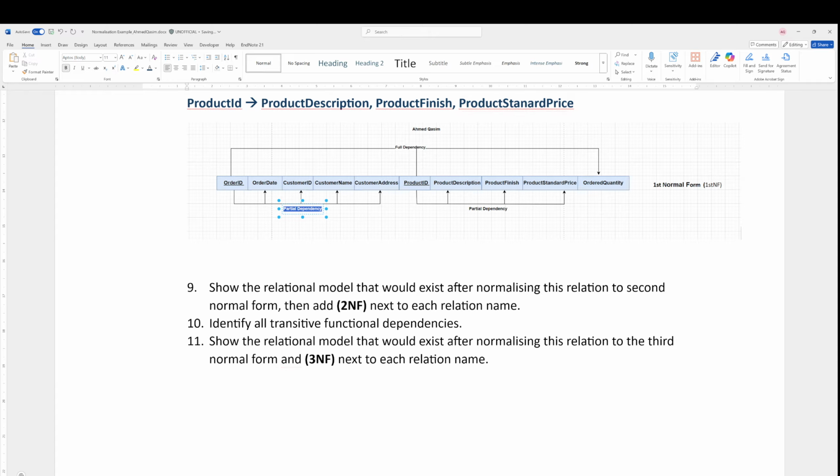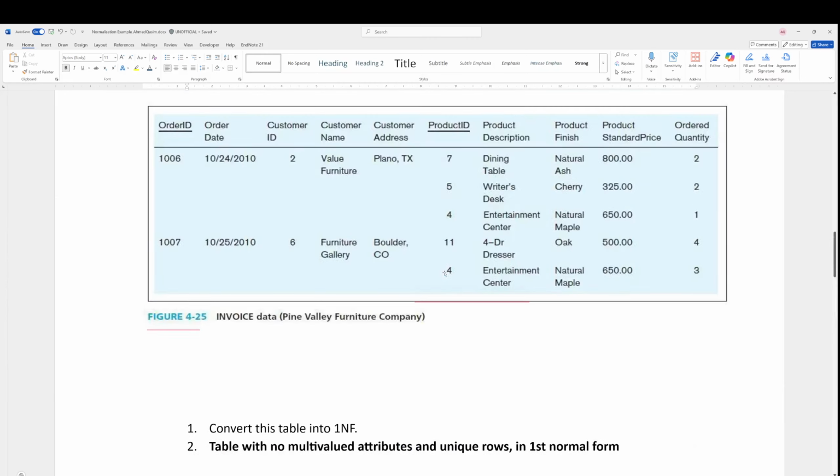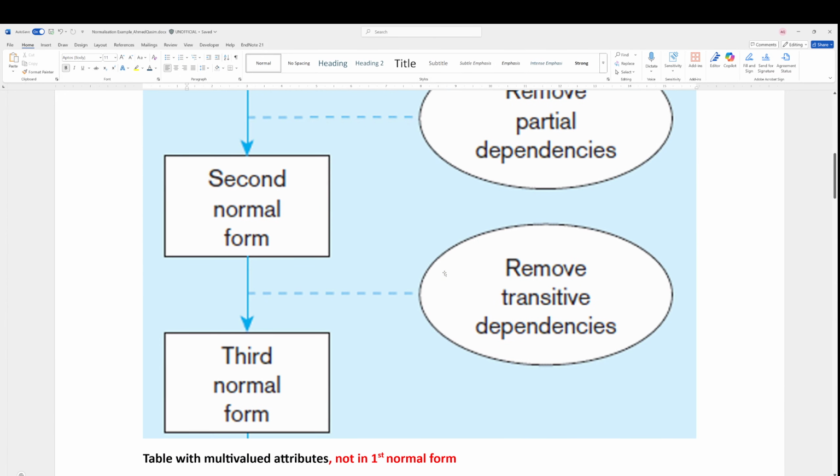In order to do that, you need to either identify the transitive dependency, but we are working on the second, so we cannot remove the transitive dependency.